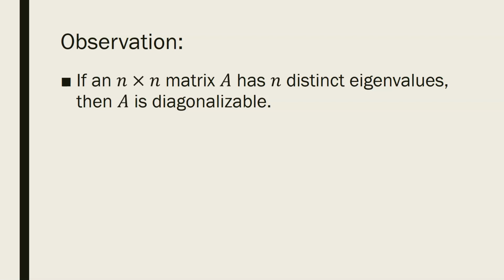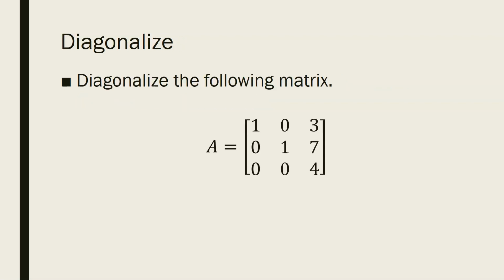And so we have exactly the right number of columns that we need. So if an n by n matrix has n distinct eigenvalues, then we know A is diagonalizable, and it's diagonalizable by using the eigenvectors as columns of P.